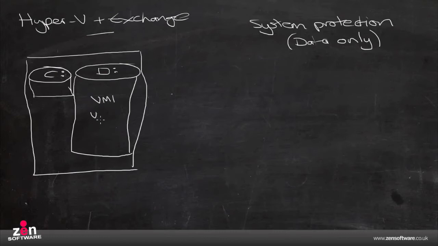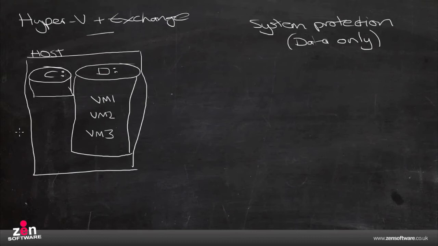Now within data only you can also select specific applications, VSS aware applications, and Hyper-V is itself a VSS application. And so within the selection we can choose one or more VMs to back up.